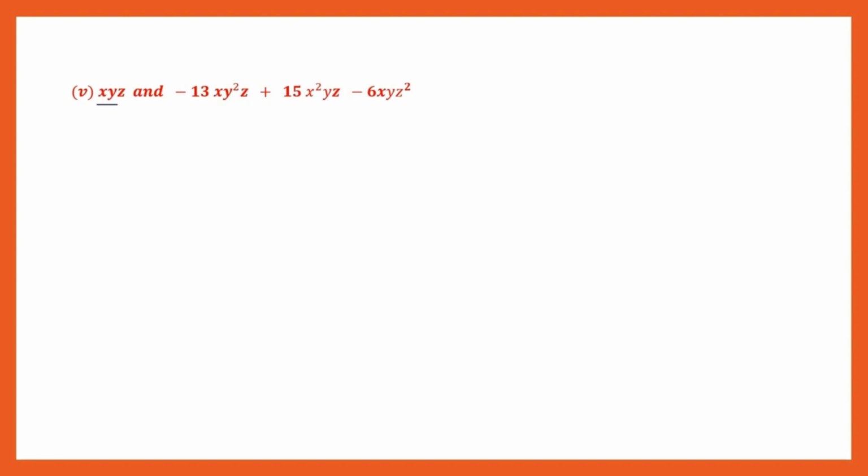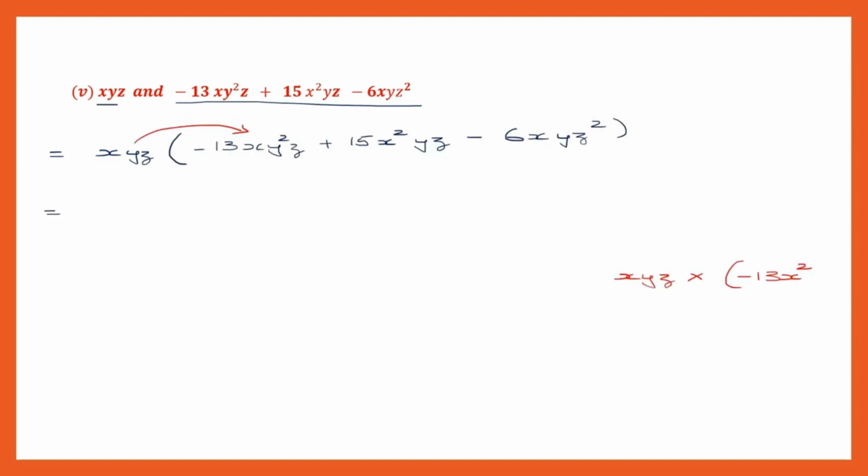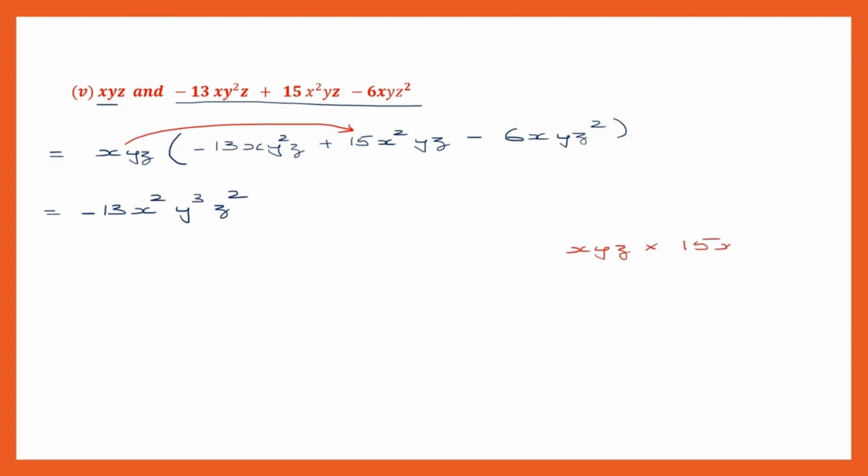Question 5, this is our monomial and this is the polynomial. So let's begin. Now we multiply xyz into this second term. So that will be xyz into 15 x square yz.